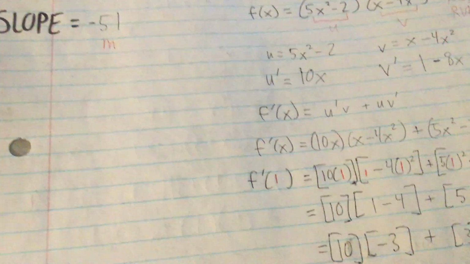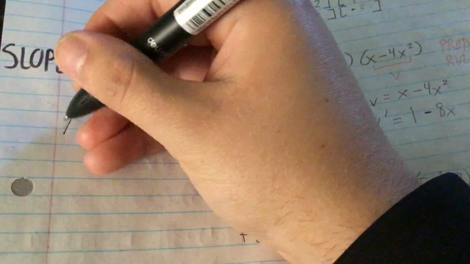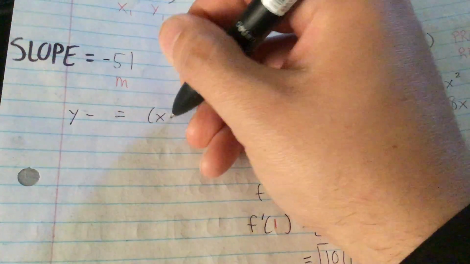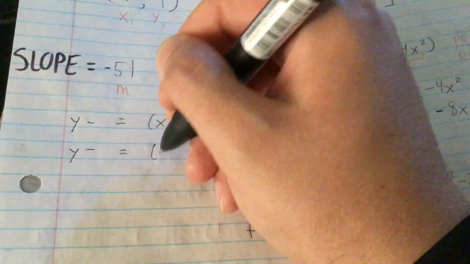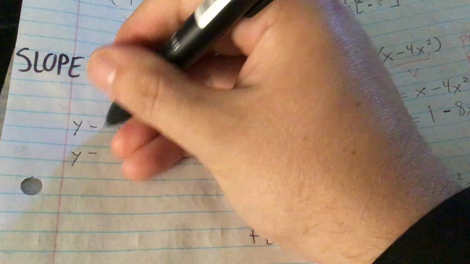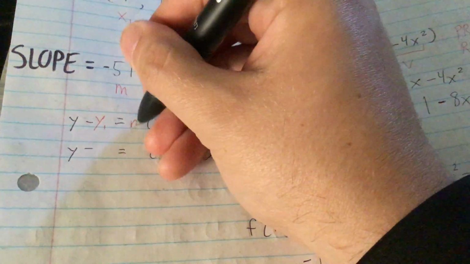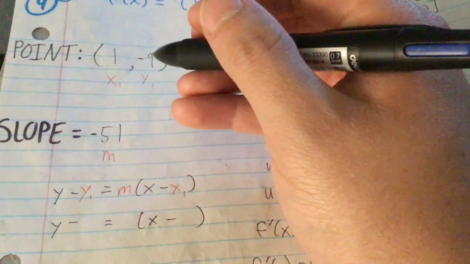All right, so let's go to y minus y1 is equal to m times x minus x1, and plug in these 3 inputs. I care about the y coordinate of my point, I care about the slope, I care about the x coordinate of my point. So let's get going.